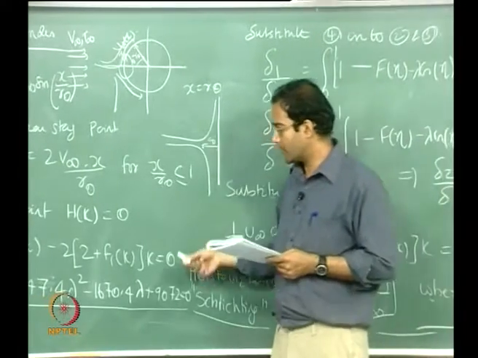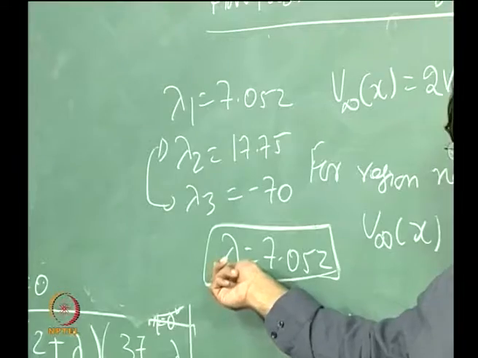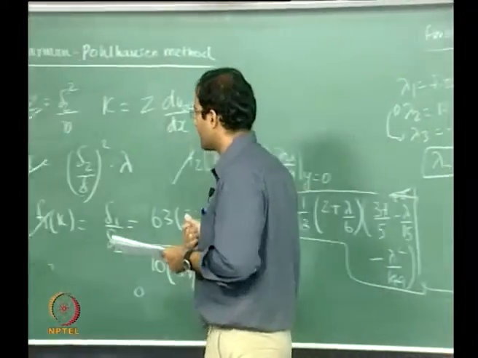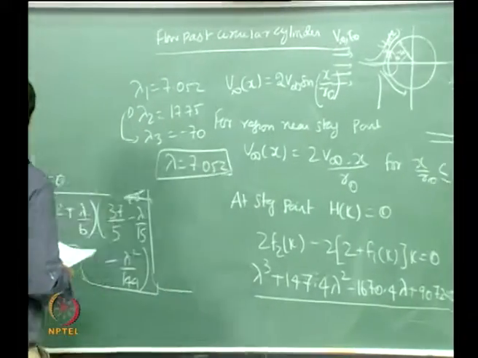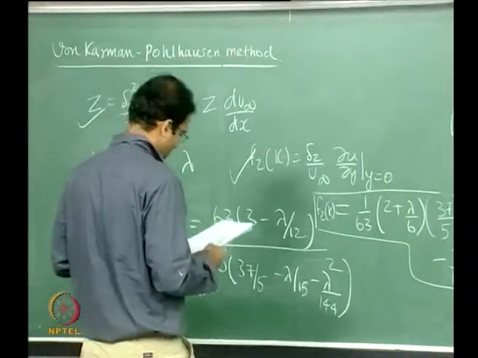Corresponding to that you have a finite value of lambda, which is 7.052. So this value of lambda corresponds to a particular value of delta, in fact. So you can calculate the value of boundary layer thickness for this particular value of lambda.